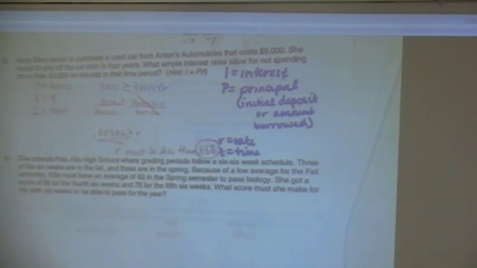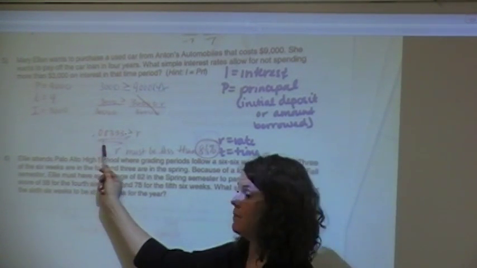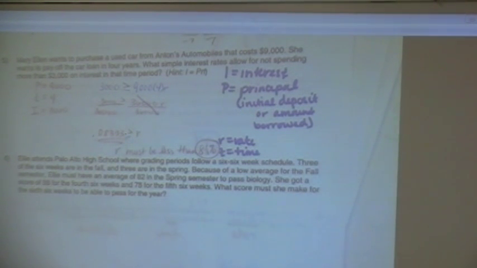Because remember, this is a percent. So I had to move my decimal 2 places to the right. It's already 2 places to the right.